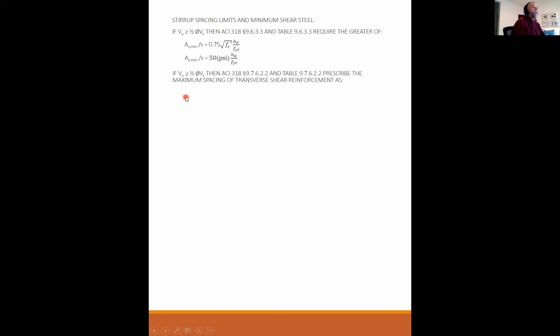If VU is greater than half phi VC, then ACI 318-9.7.6.2.2 and Table 9.7.6.2.2 prescribe the maximum spacing of transverse shear reinforcement. This is area; this is going to be spacing. If Vs required is less than 4 square root of f'c bw d, then the maximum spacing S is either d over 2 or 24 inches, whichever is less.